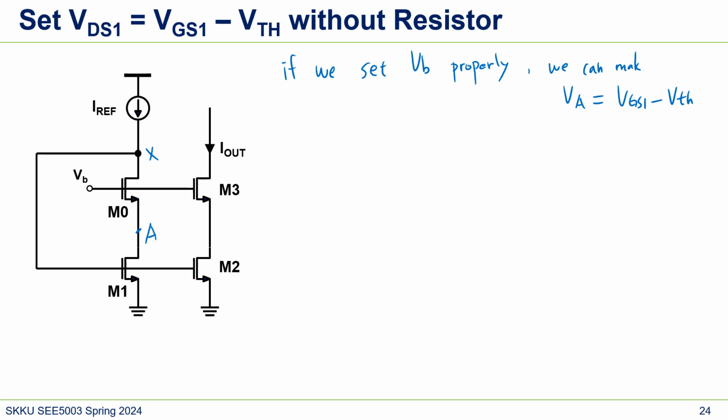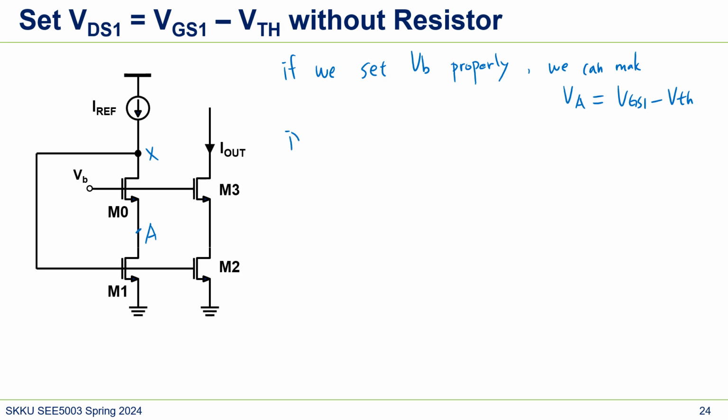Again, we need to find this VB, and we will talk about it later. So assuming that we already have VB, we can use this schematic. But as I said, we want to put every MOSFET in the saturation region.